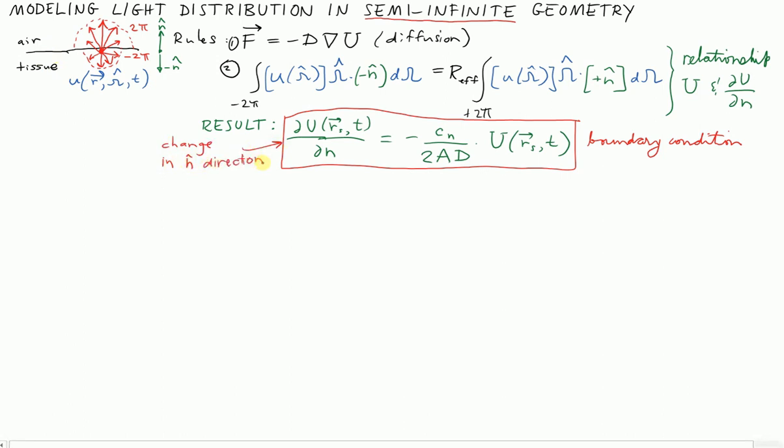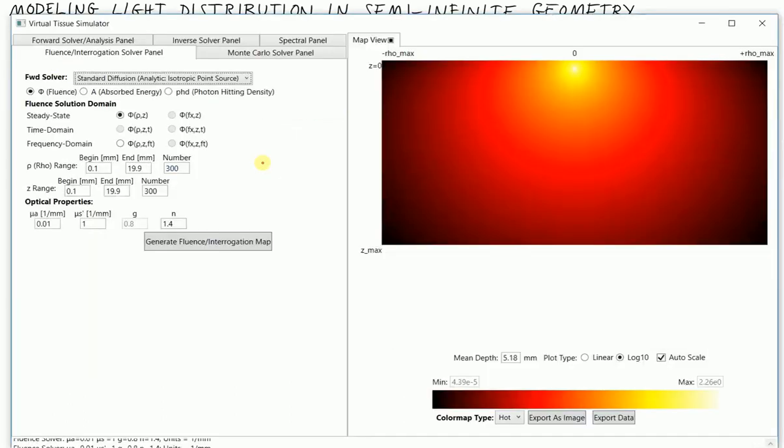If I show you for a second what the virtual tissue simulator says, here's a fluence distribution, an energy distribution that you set up inside of the tissue, and you can see what we're talking about is that as you move closer to the surface, the energy density is decreasing. So motion in this direction helps me calculate the derivative with respect to the n direction, the surface normal.